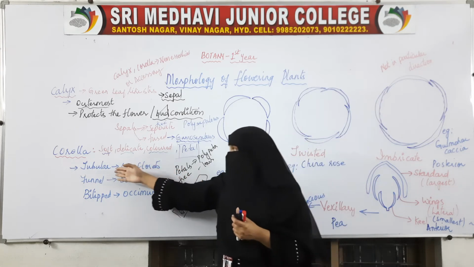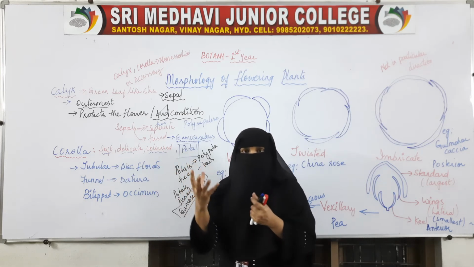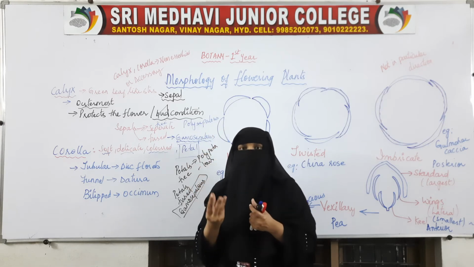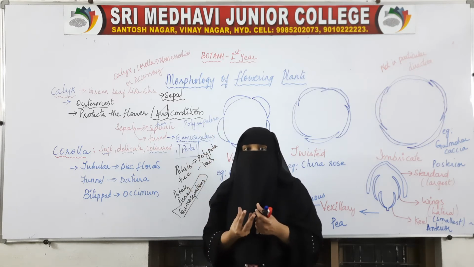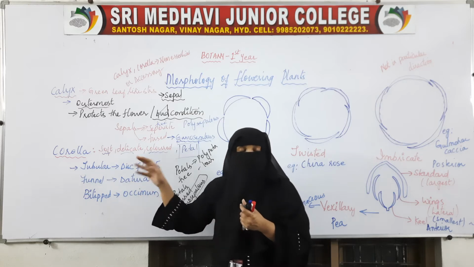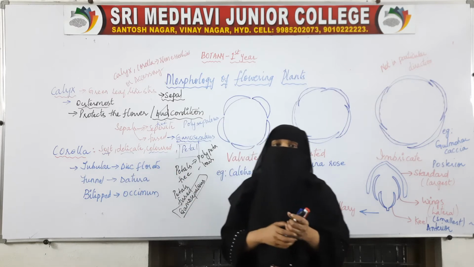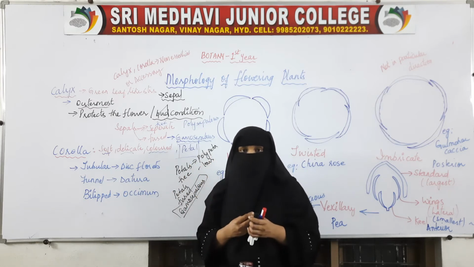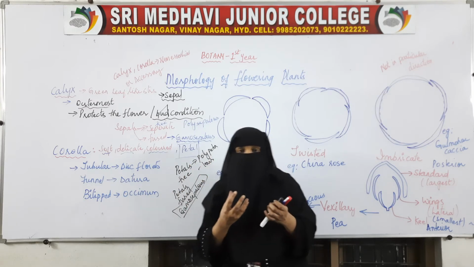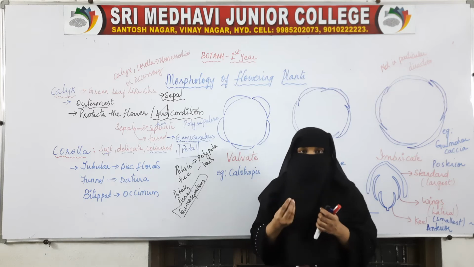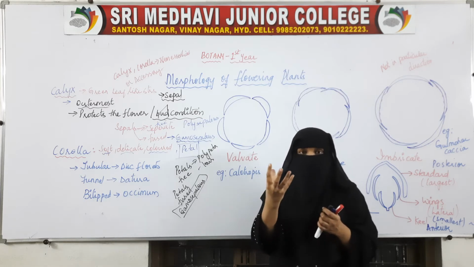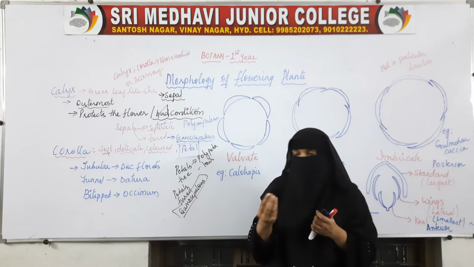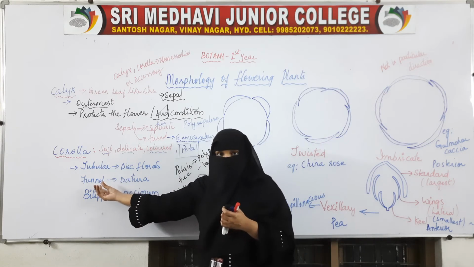So it can be tubular. When all the petals fuse together, it makes a tube-like structure, like the disc florets of sunflower. In datura you have seen the petals are fused and form a funnel shape.